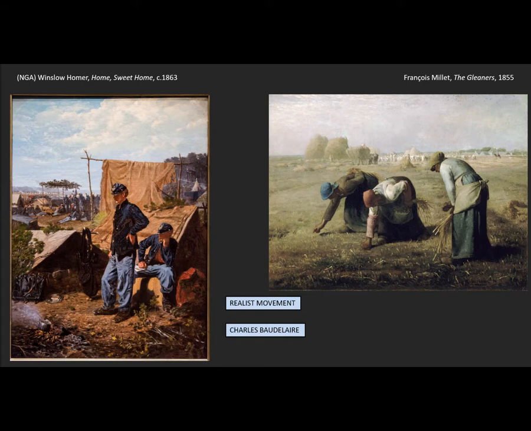Because you got all these mounds and mounds and mounds of grain, mountains of grain, and they just barely get anything. We presume they're feeding 3 families, right? So it's about plenty versus lack, right? But at the same time, even though they're bent by the task, they loom in the foreground. They become these big, muscular, monumental figures, right?